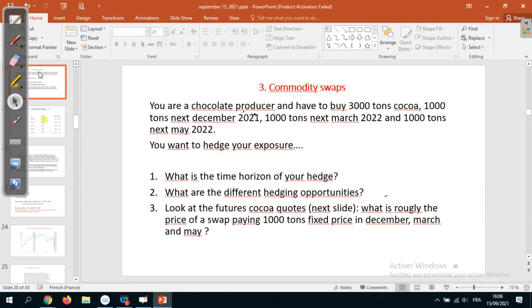What is roughly the price of a swap paying 1,000 tons December, March, and May? It is the reason why if you develop a swap market in Vietnam, maybe you are able to create swaps on the rice price, on the wheat price, on the cacao, on the paper.